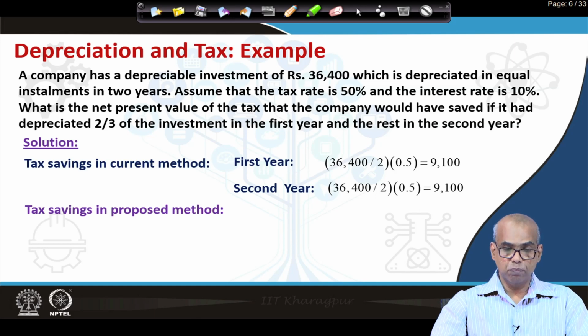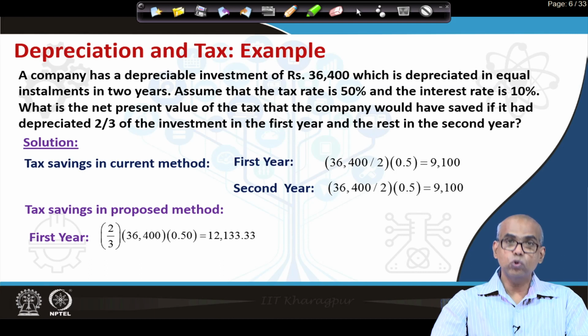Now, in the proposed method, what is the proposed method? What is the net present value of the tax that the company would have saved if it had depreciated 2/3 of the investment in the first year and the rest in the second year?